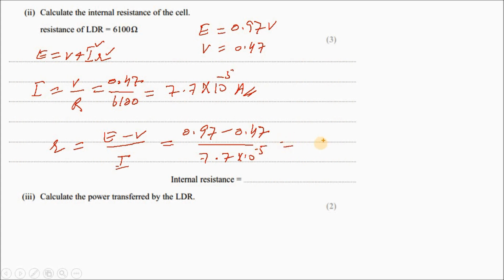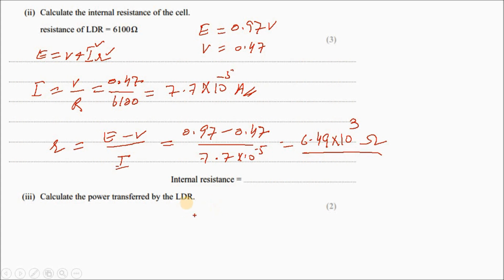So it will be equal to 6.49 × 10 to the power 3 ohm or kilo ohm. This is the internal resistance.